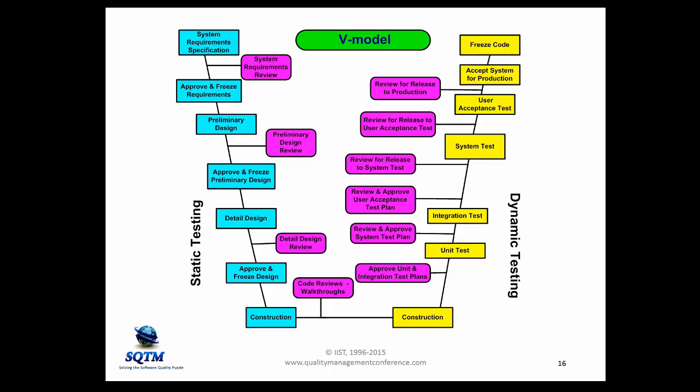Well, the systems requirements review, that's supposedly done by the signers. But what I find happens when we set the organization up the way I've proposed is that quality assurance goes in there and does an audit.